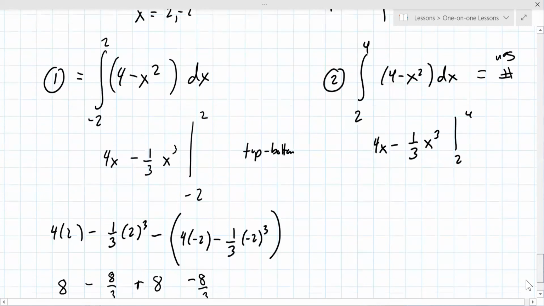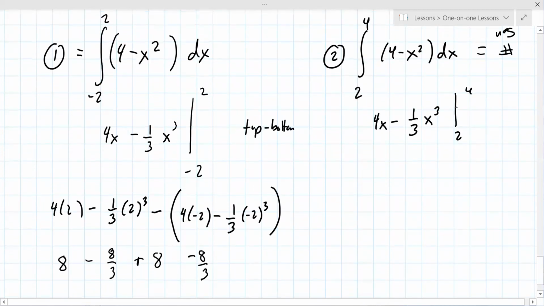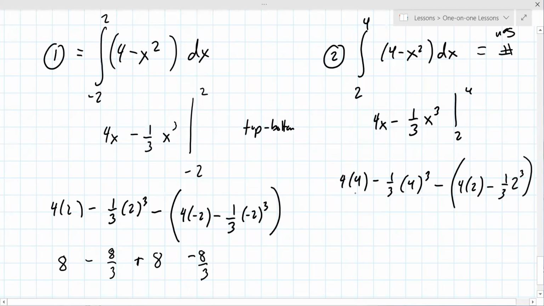So now we're going to put these bounds in. So it's 4 times 4 minus 1/3 times 4 cubed minus big parentheses 4 times 2 minus 1/3 2 cubed. So 4 times 4 is 16 minus 4 cubed is 64, so that's 64 over 3. This is 8, so minus 8.